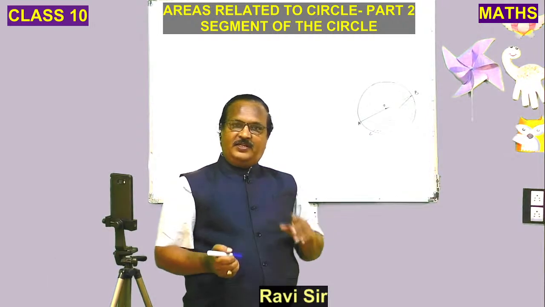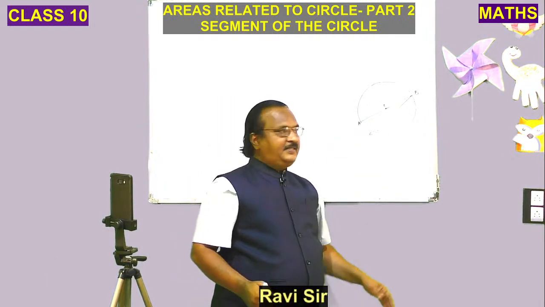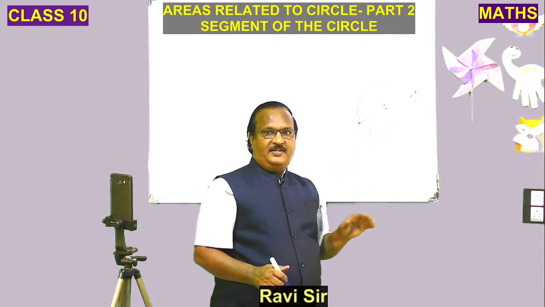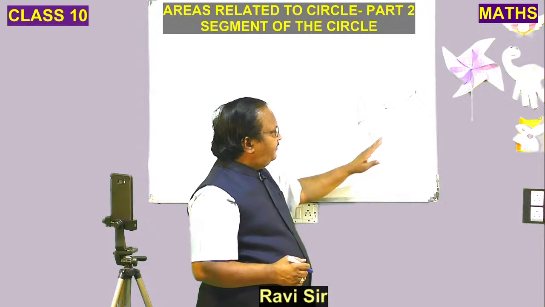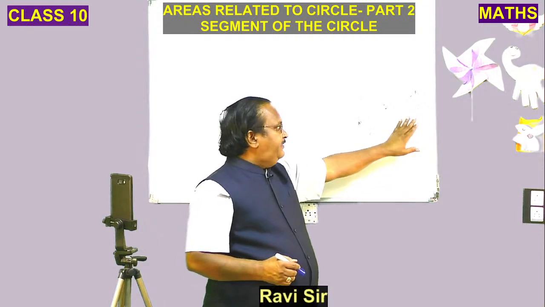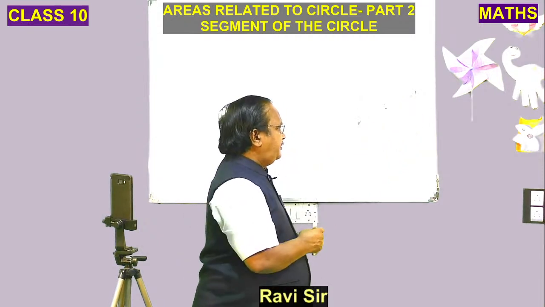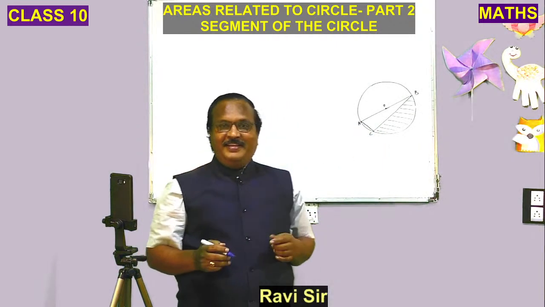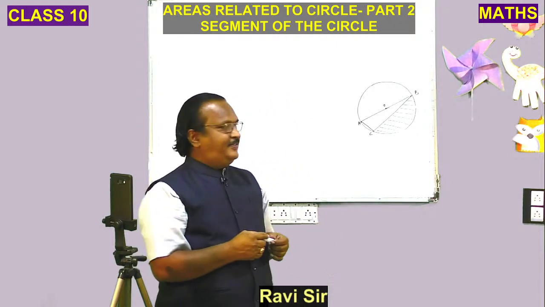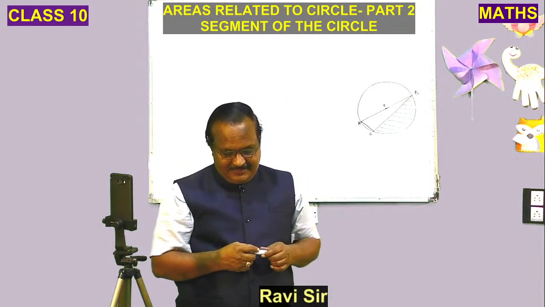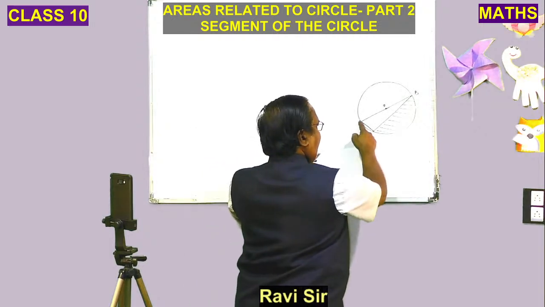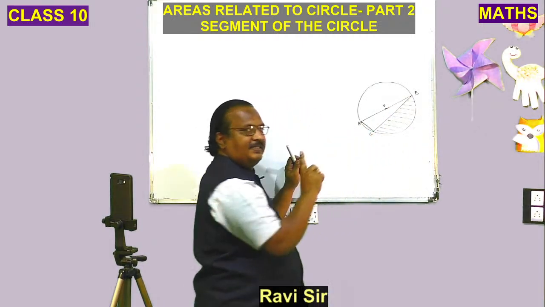So there are two chords actually, one is the diameter, and BC is a chord, not a diameter. Now you have to find the area of the segment related to BC. In this there is no sector, but a semicircle is there. ACB is a semicircle.